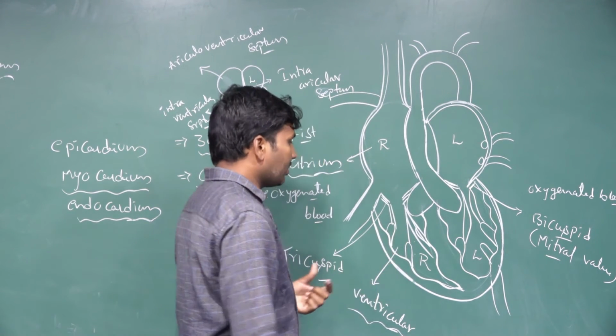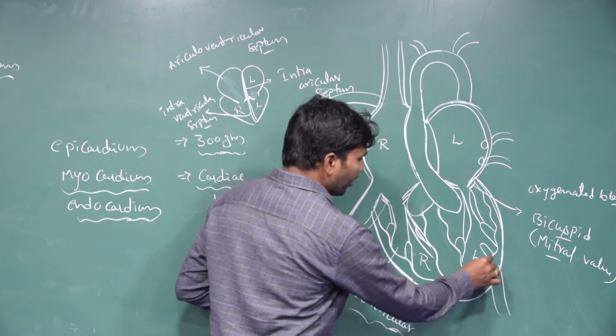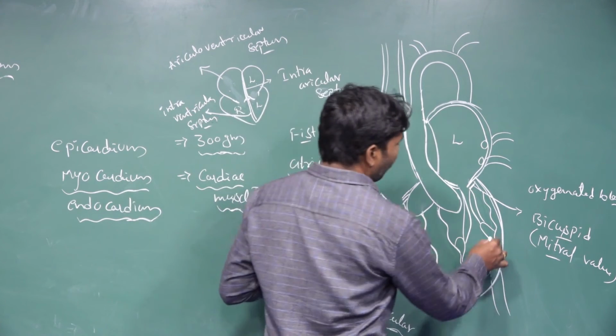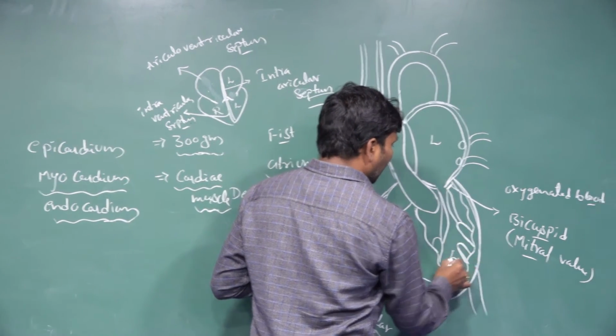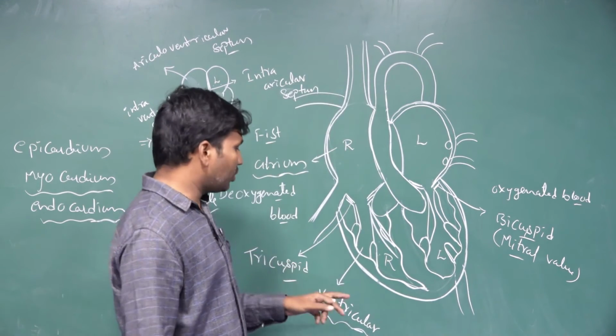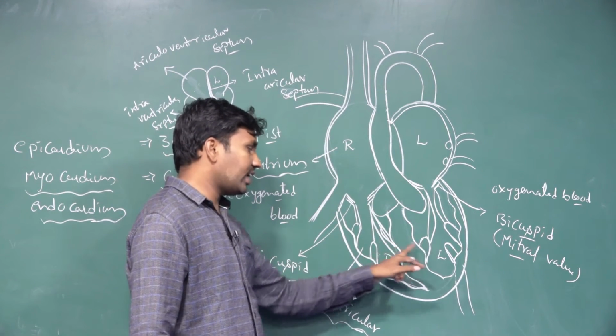In these walls, the myocardium is in the middle. The myocardial muscles form small projections towards the inner side of the ventricles, both in the right and the left.